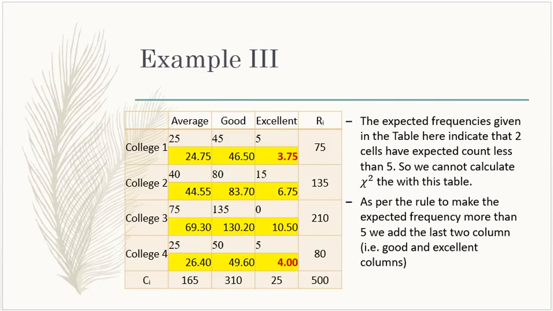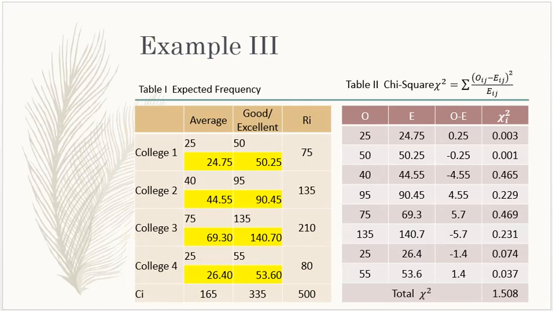So you have to add these, either the first row and second row should be added, third row and fourth row should be added, or the other way is to add the second and third column. So what I have done is add the second and third column. So I have the resulting table like this, and based on this I calculate the calculated value.